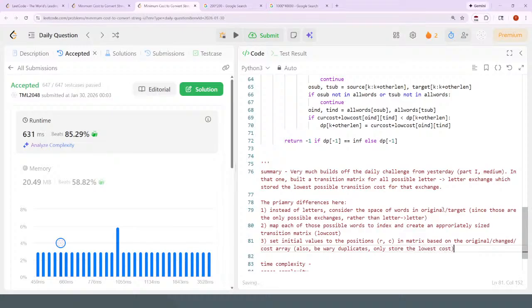So there could be, let's say there's two things that are A, B to X, Y. One that costs 5 and one that costs 10. Only store the one that costs 5 into your transition matrix.